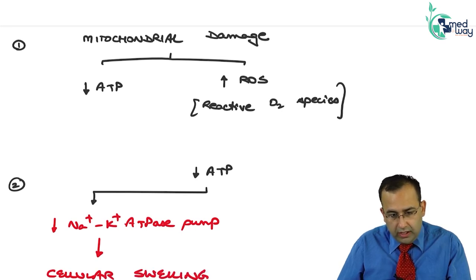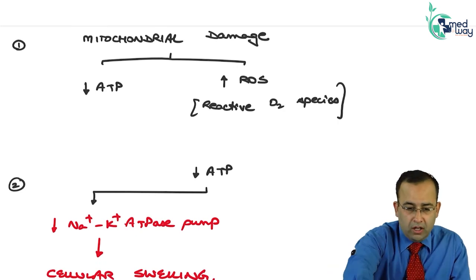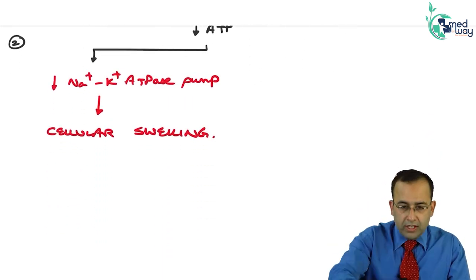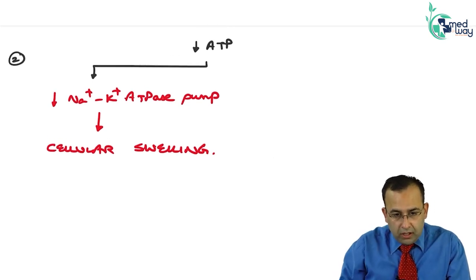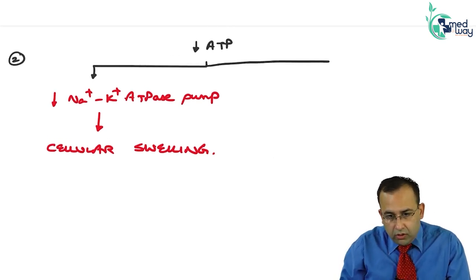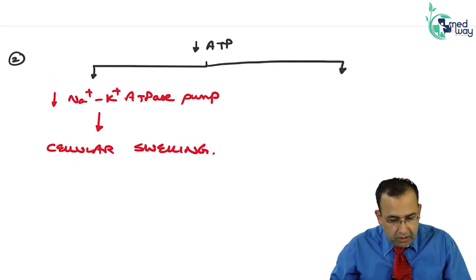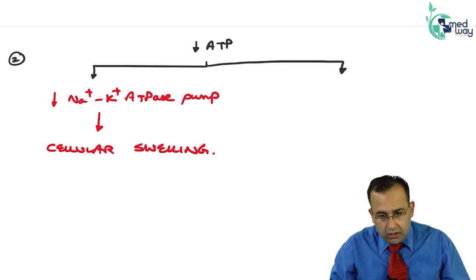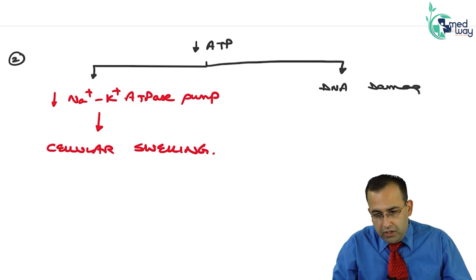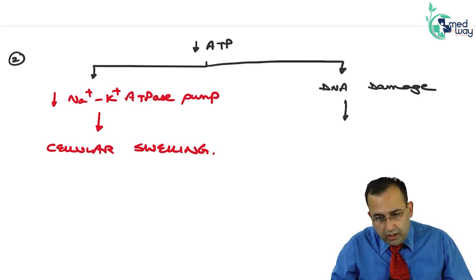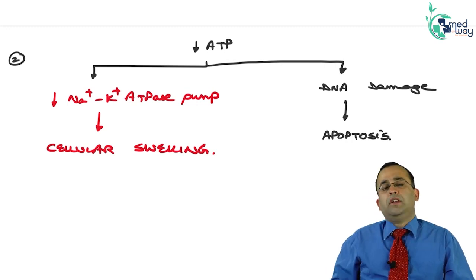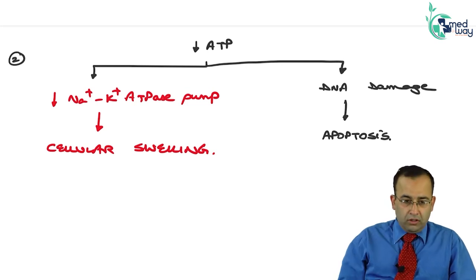Next point, reduced ATP is also associated with DNA damage, which in turn can activate apoptosis.